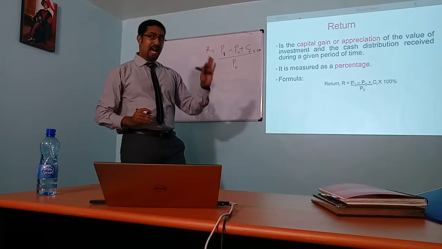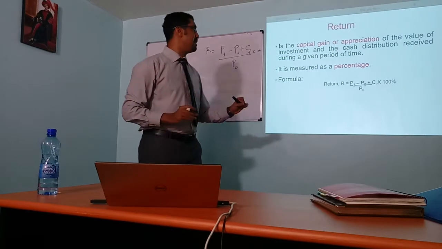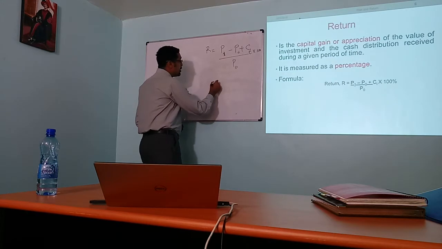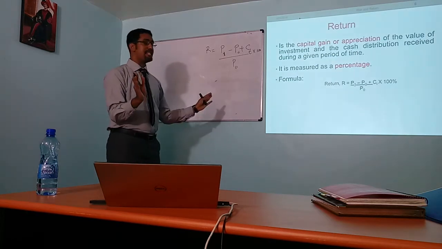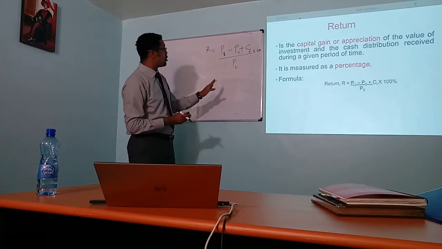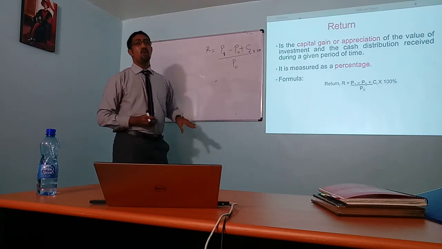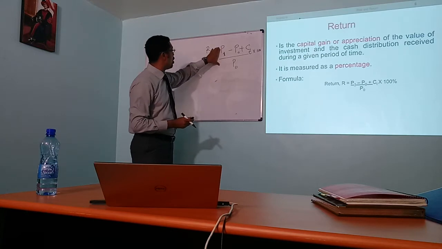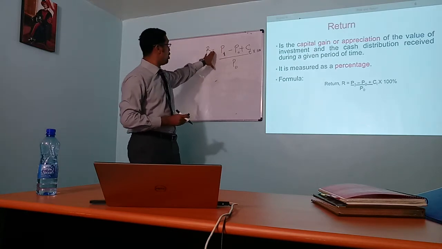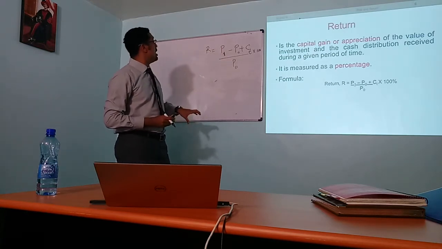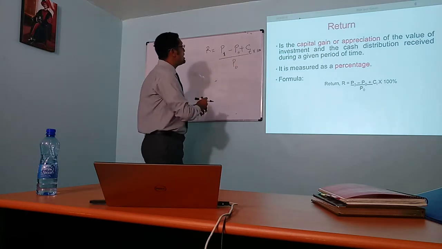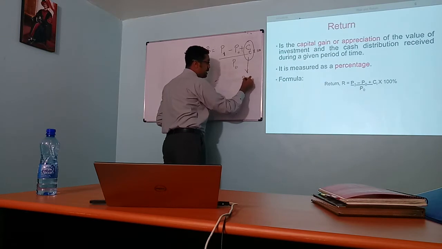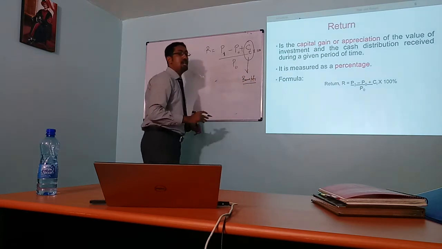Remember, return is calculated or measured in percentage. Now, that means under condition of certainty, we know the price of an asset at the beginning, we know what we are going to sell or dispose or salvage at the end of the period, and all the relevant cash flows or financial benefits that we are going to receive.